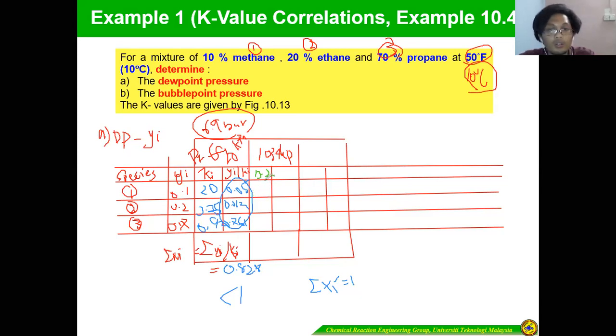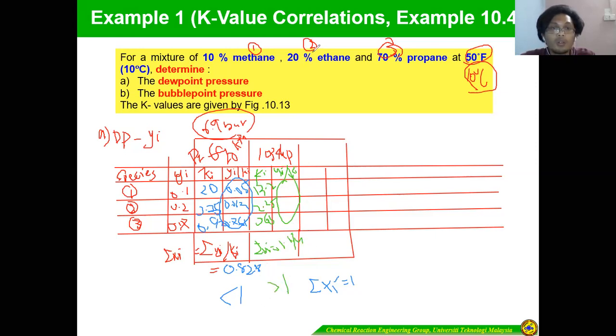Sorry, this one is Ki, yi divided by Ki. So 13.2. You can see example 10.4 actually. Total xi equal to, actually just sum all this one, yi divided by Ki. 1.174. So this one is more than 1.